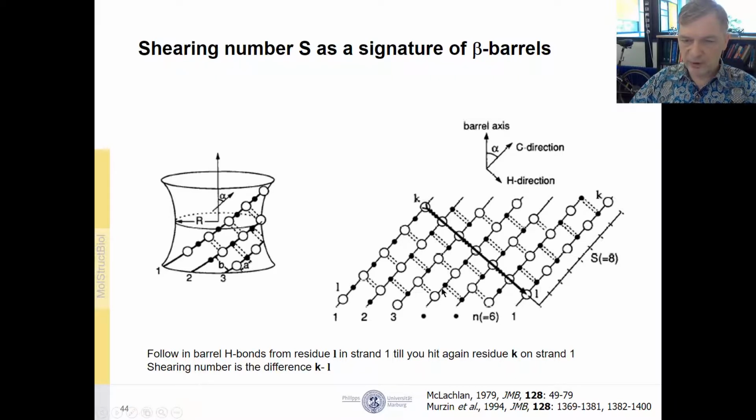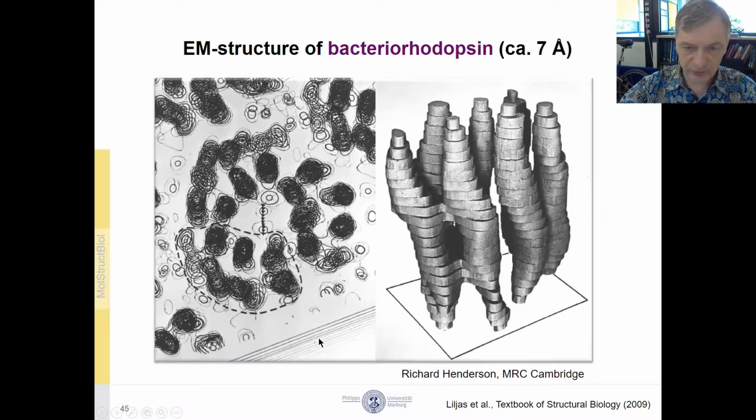Starting on residue L, reaching residue K, going back to residue L, the difference K minus L is the shear number. For example, a shear number of 8 was part of some of these proteins that we had before.